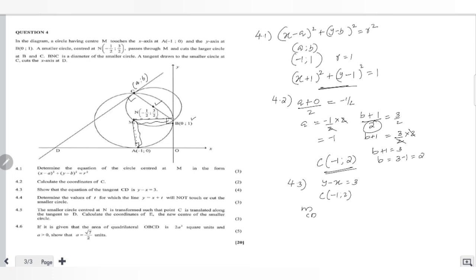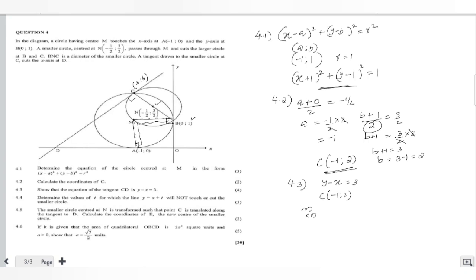We know that tangent and diameter are always perpendicular, right? So if you know the gradient of diameter, we can find the gradient of tangent, isn't it? Okay, so we are using the perpendicular condition to find the gradient of CD. Otherwise, you need to have 2 points on that tangent, which is not there.